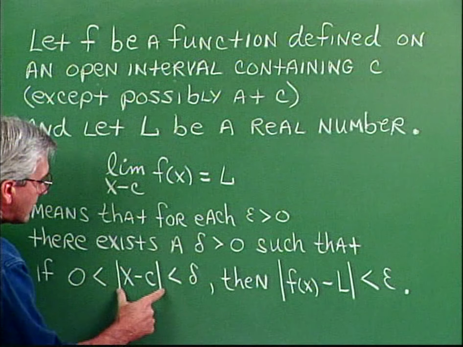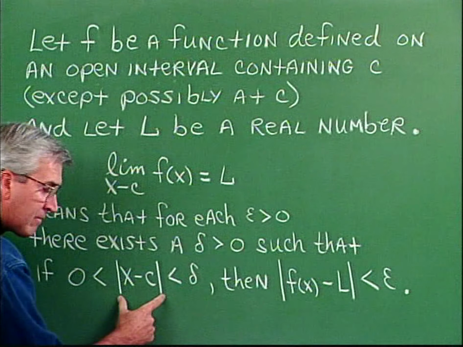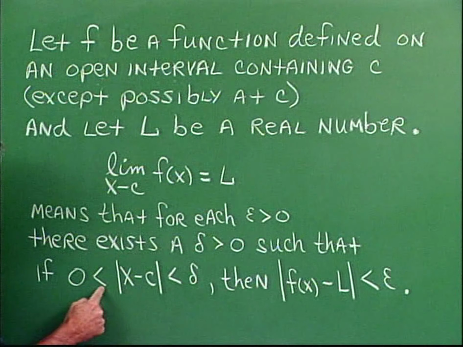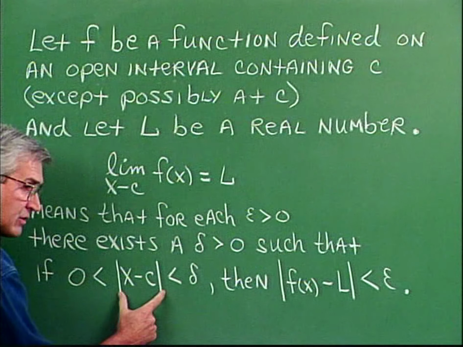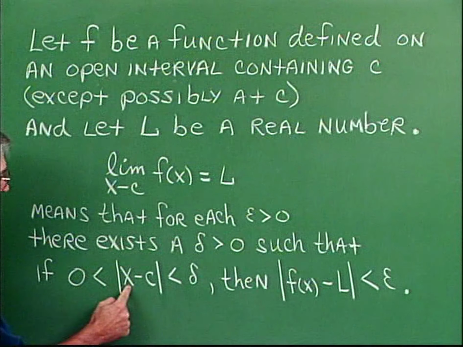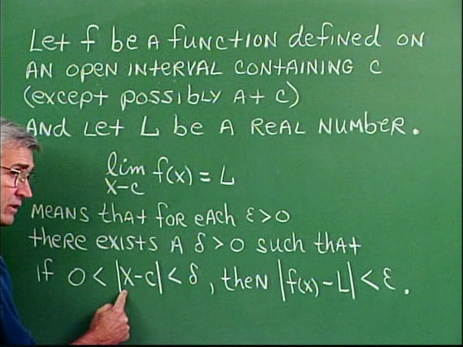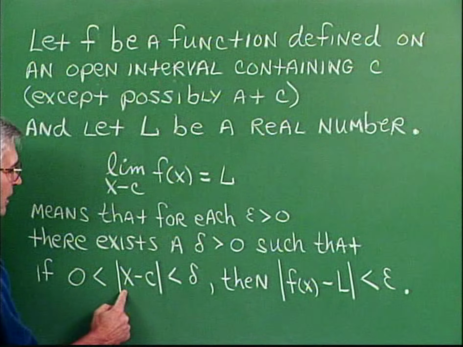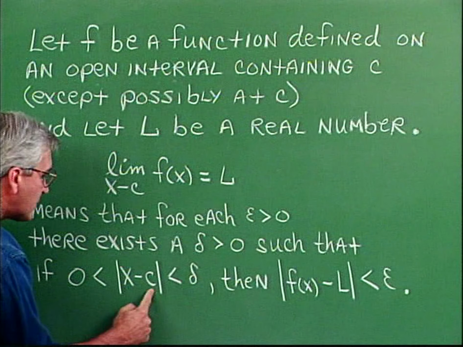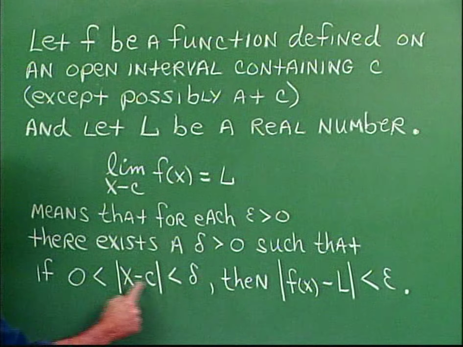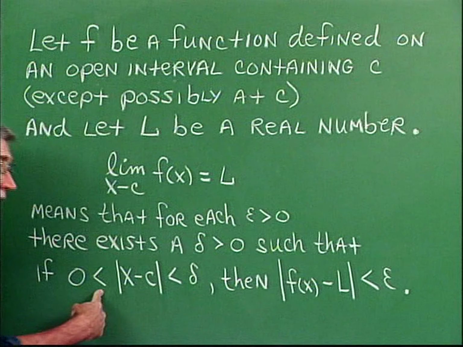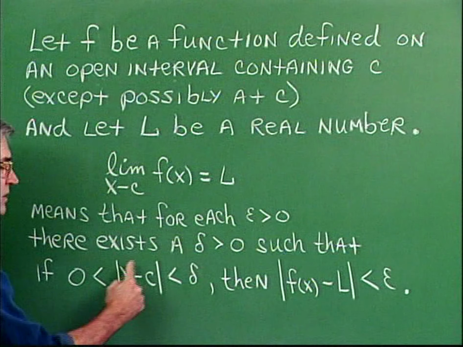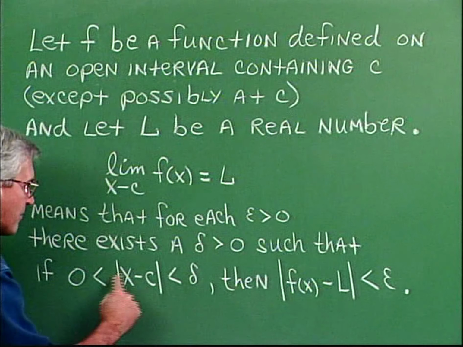Well, we want to make sure that this is a positive distance. And the 0 is less than this difference means that x cannot be equal to C. We disallow the idea that we're going to let x take on the value C, and that accommodates the notion that 0 is strictly less than this difference. So x cannot be C.